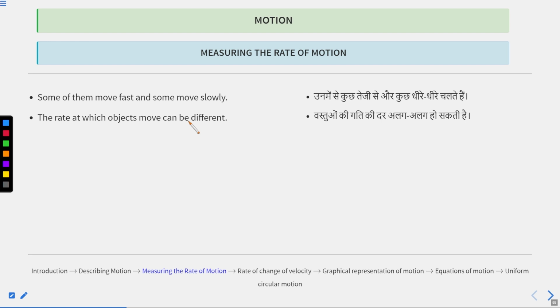Some of them move fast and some of them move slow. So what thing will indicate which object is moving fast and which object is moving slow? Like we have two speed limits. One was 143 kilometer per hour and one was 50 kilometer per hour.